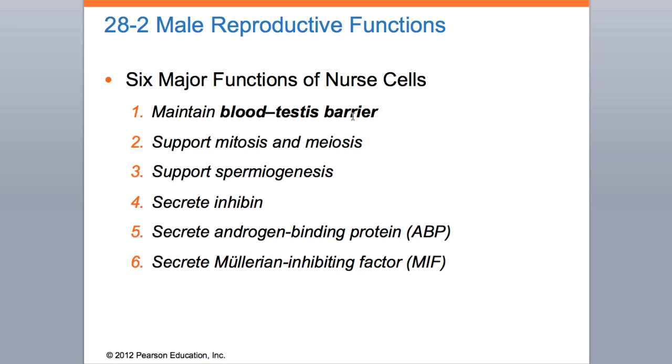That's why it's like a nanny, a protection to the sperm. It supports spermatogenesis. It secretes MIF. It is a very important thing that you know what MIF is. So definitely look up the Mullerian inhibiting factor, MIF. That is very, very important. Next slide.